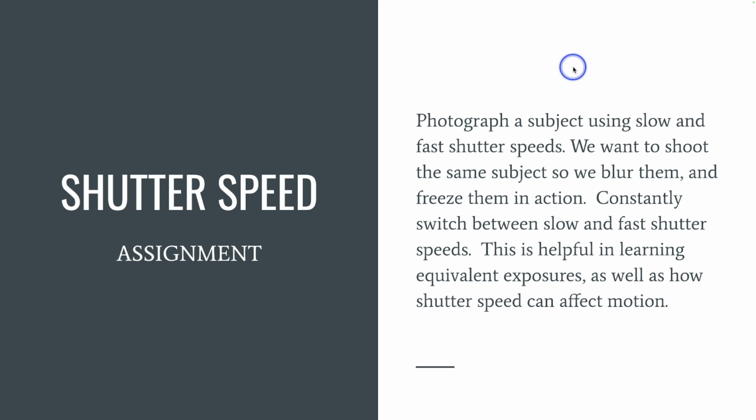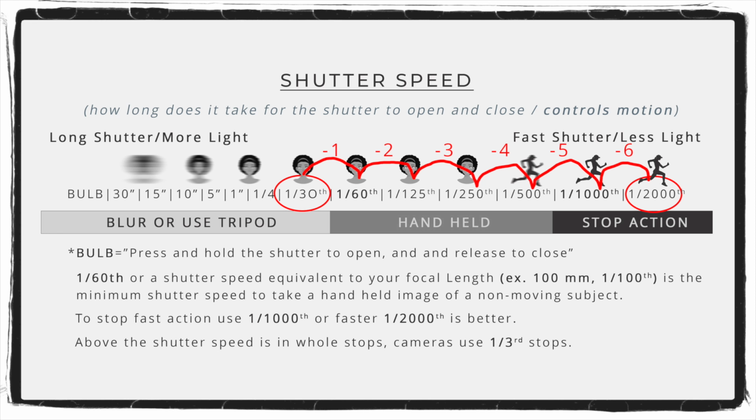And doing this, you're going to have to get an equivalent exposure. So we know that if we go from a 30th in whole stops to 2,000th of a second, that is 1/60th, 1/125th, 1/250th, 1/500th, 1/1000th, and 1/2000th of a second. So that's a 6-stop difference.